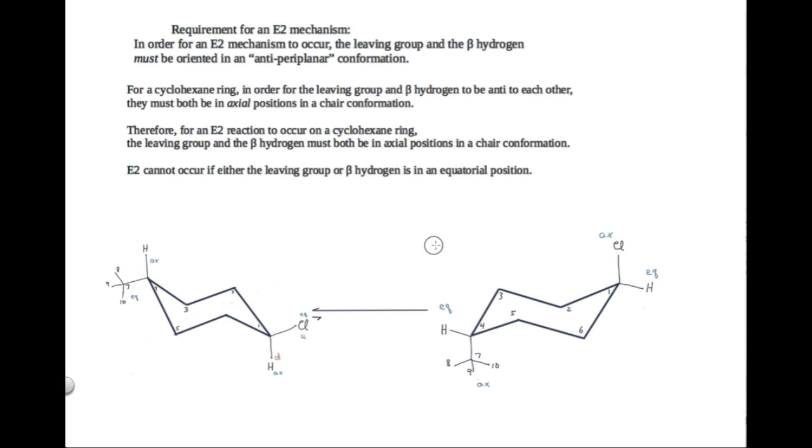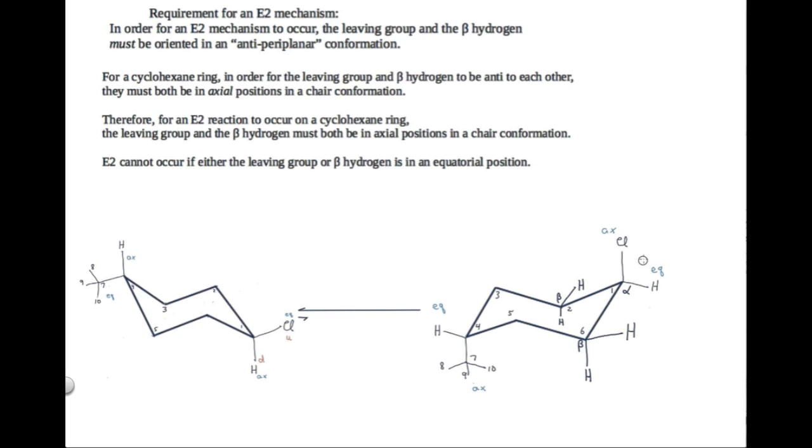And let's illustrate that here below. So notice here we have a chlorine that is in an axial position. And what about the beta hydrogens? Our beta carbons here are carbons 2 and 6. I drew in the beta hydrogens on the beta carbons 2 and 6.